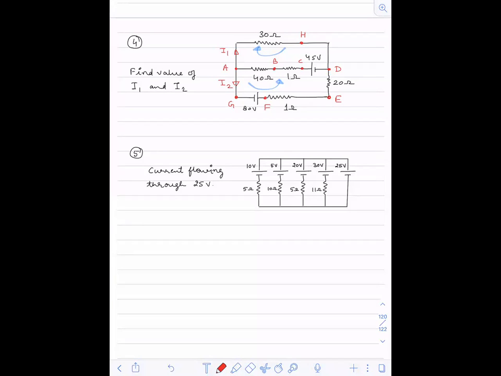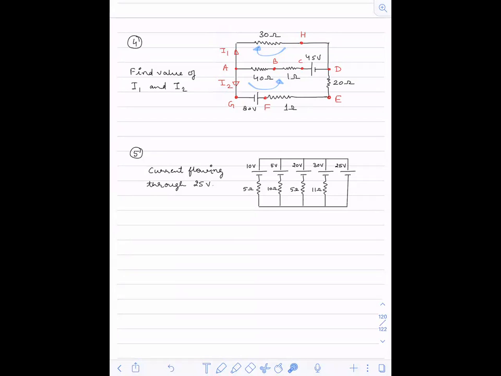In question number 4, I have shown you the current directions. This is the direction of current, this is the direction of another current. This is current 1, this is current 2. This is loop 1 and this is loop 2. You have to find out the values of I1 and I2. I have given you the loop direction and the current direction.